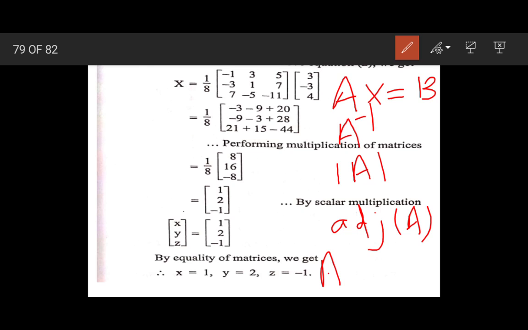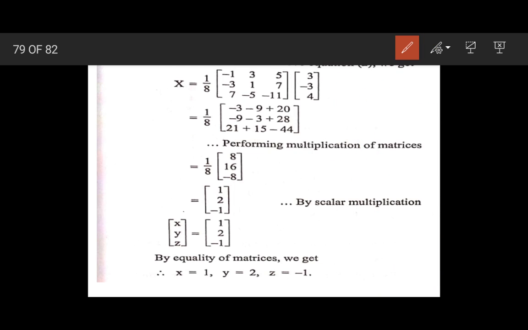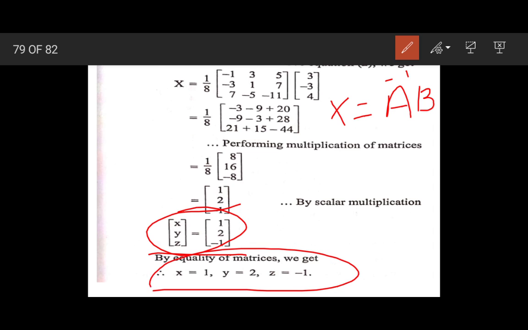Then A inverse will be 1 upon determinant of A into adjoint of A. Okay. Then the last step is X is equal to A inverse into B. Okay. Do the calculation, then you will get this type of answer. So by equality of matrices, you will get the values for variables x, y and z. Okay.